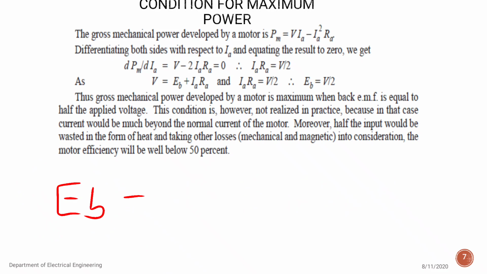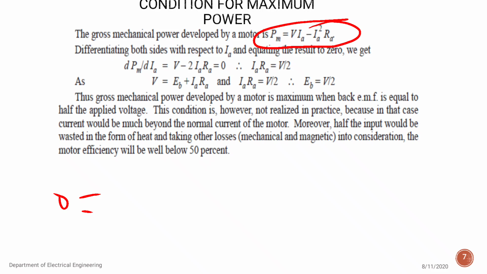Now what we will do, we will differentiate this equation with respect to IA. Once we differentiate, the left hand side will become 0, because there is a PM and no part of IA. Differentiation you may know.